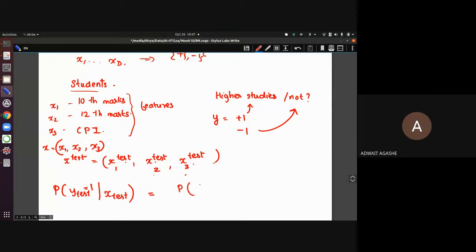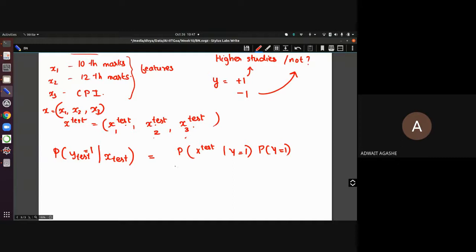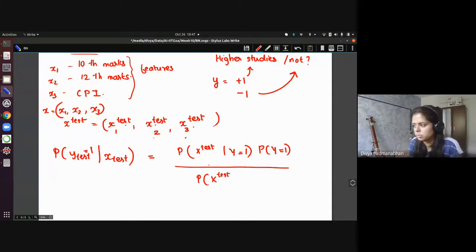P of x test given y equal to 1, into probability of y equal to 1, upon the same term, and then take y equal to 0 for the next. Yeah, so you can use the total probability. This is what you would do if you were to apply Bayes rule. So remember this one, probability of x test given y equal to 1.